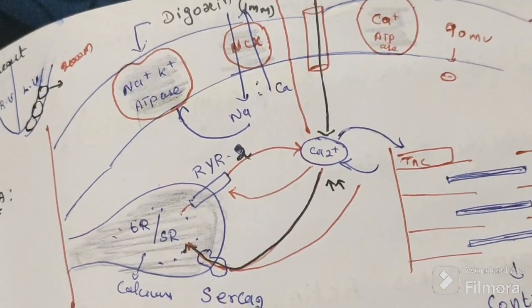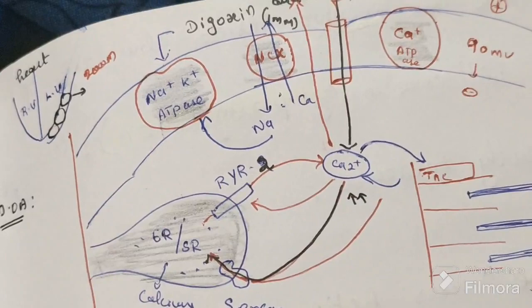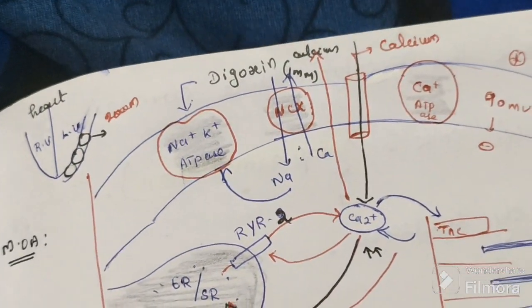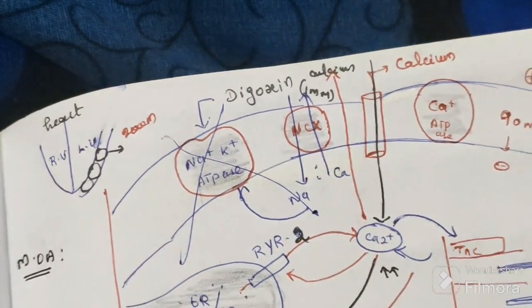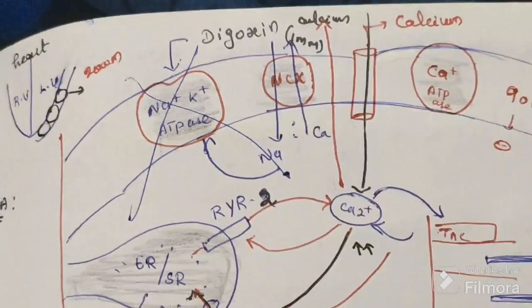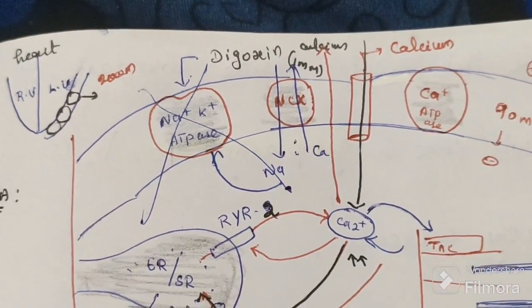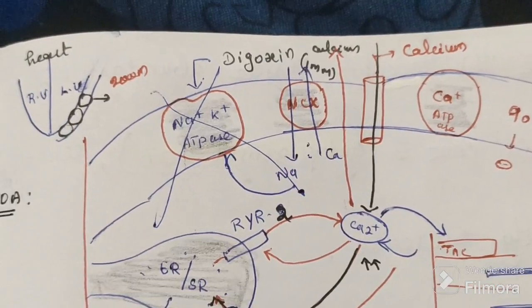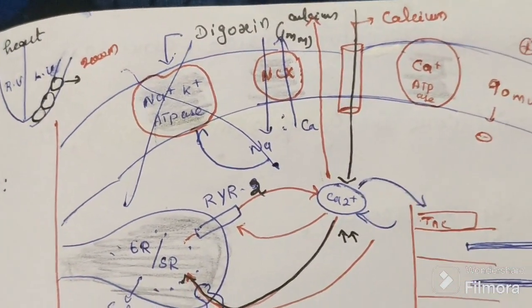Now what is the mechanism of action of digitalis? The drug will block this sodium potassium ATPase. So what happened? If that sodium potassium ATPase is blocked, how does the systole increase? Same cycle.